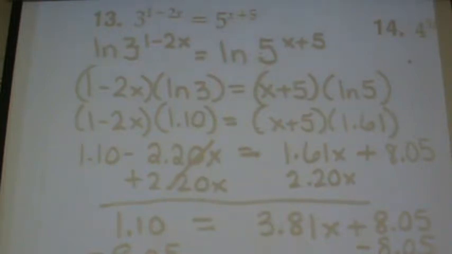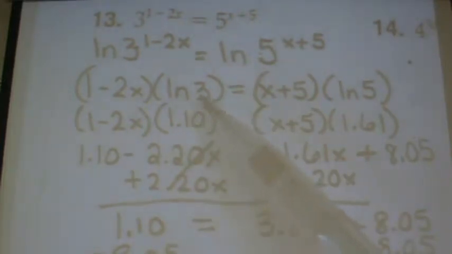And then what you have to do is carefully distribute. Make sure you distribute carefully for 13. And I got negative 1.82 for my answer. Me too.